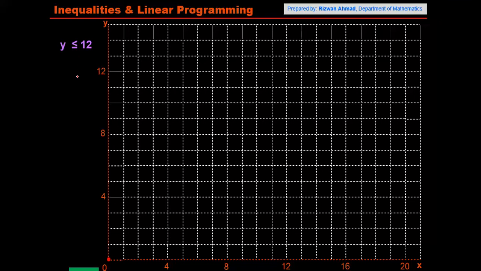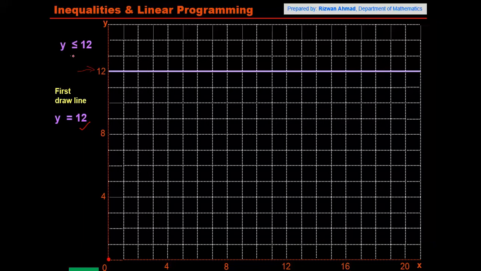So first of all, we have to draw the line y is equal to 12, this line. So we know that y is equal to 12 is a horizontal line passing the y-axis at 12 here. So this is this line.